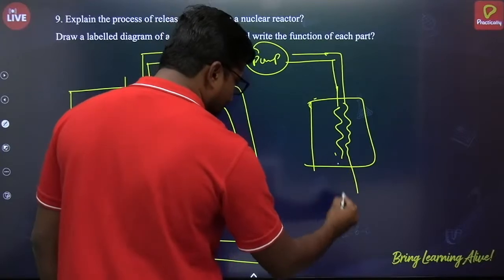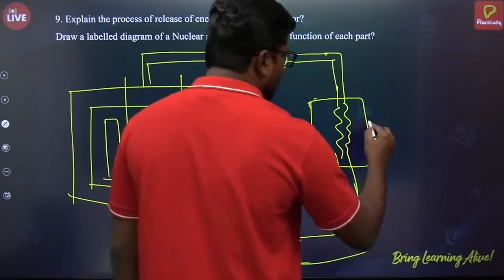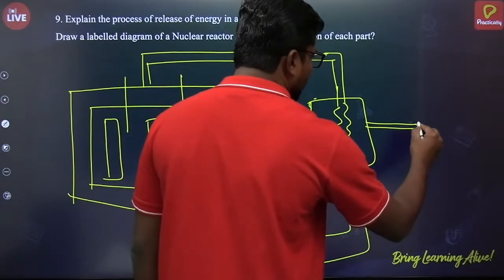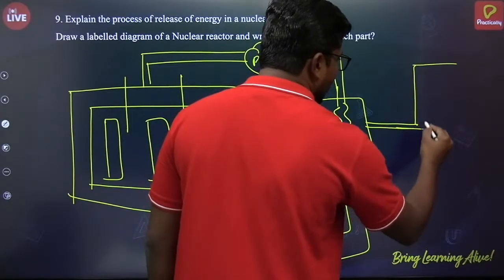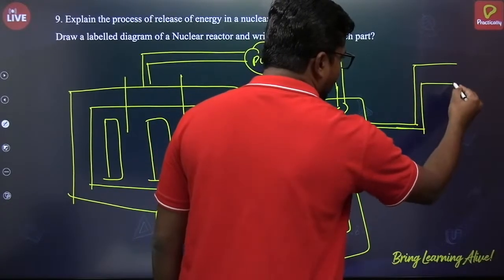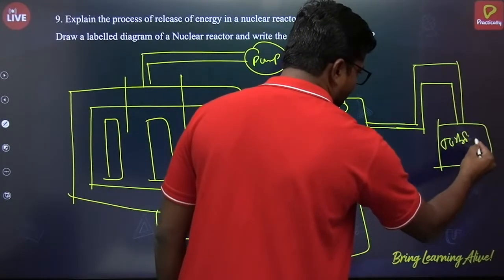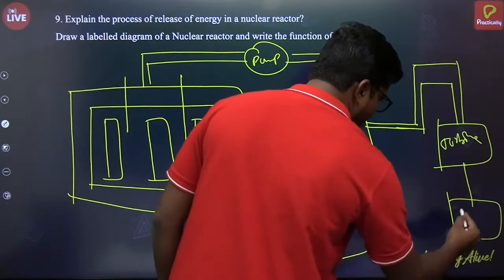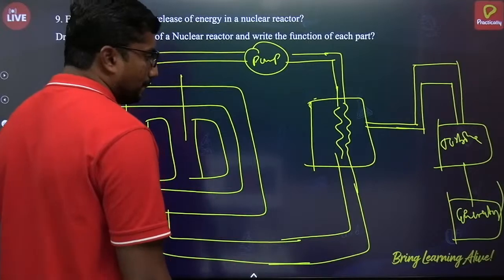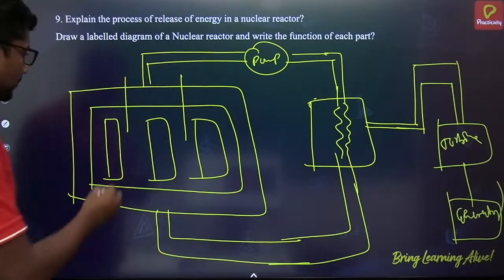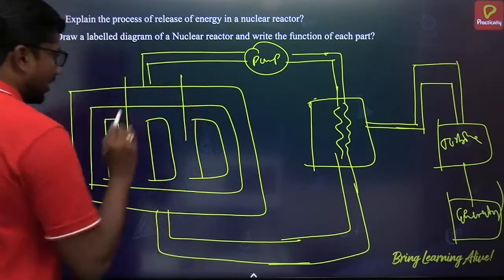So this is a heating chamber. So see here, this is the general prototype of a nuclear reactor.